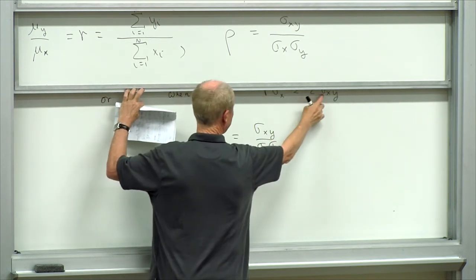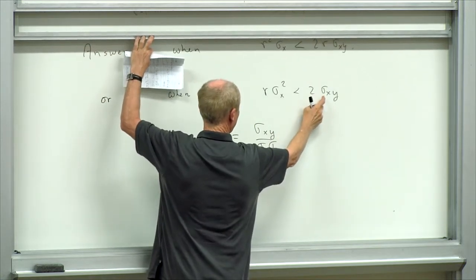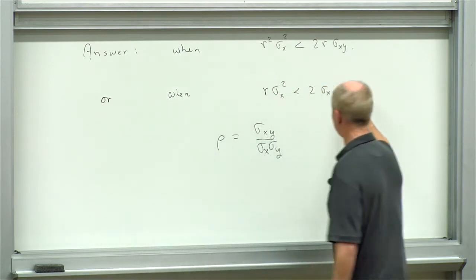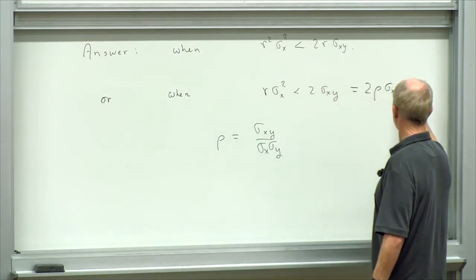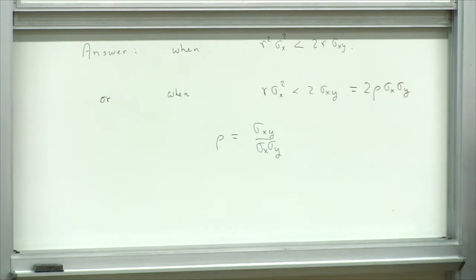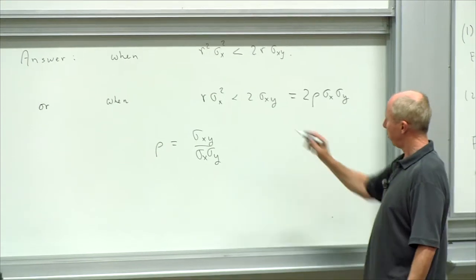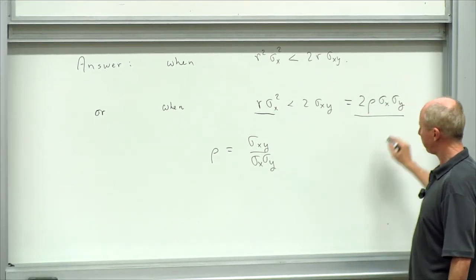So let's substitute that in here. This is equal to that. So let's substitute sigma xy equal rho sigma x sigma y. Okay? And so I'm looking at the extreme sides here. This is less than that.